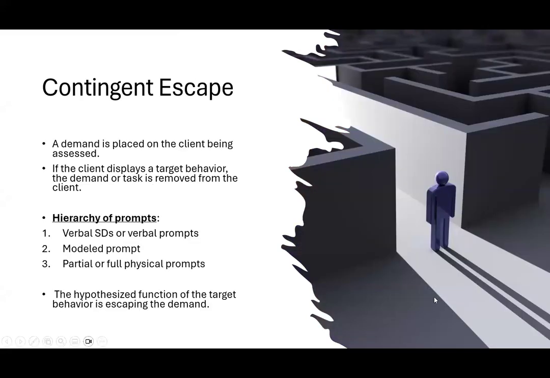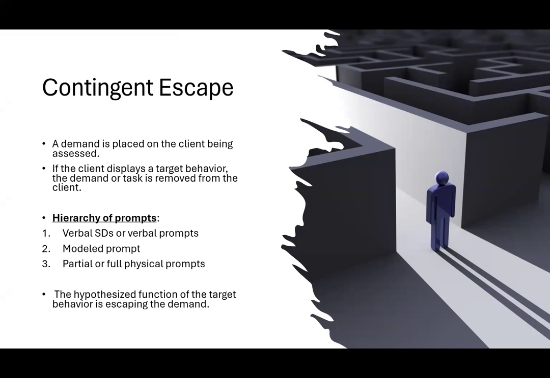Next, we'll talk about contingent escape. In this condition, we give task demands with a prompt hierarchy of verbal prompts or SDs, modeled prompts, and partial or full physical prompts. The clinician attempts to get the person to work on a task for 30 seconds to 1 minute. The task should be within the client's repertoire, like folding a towel or saying a word.